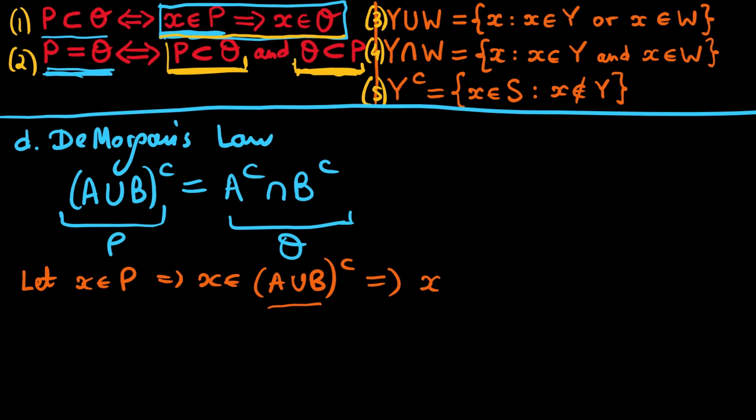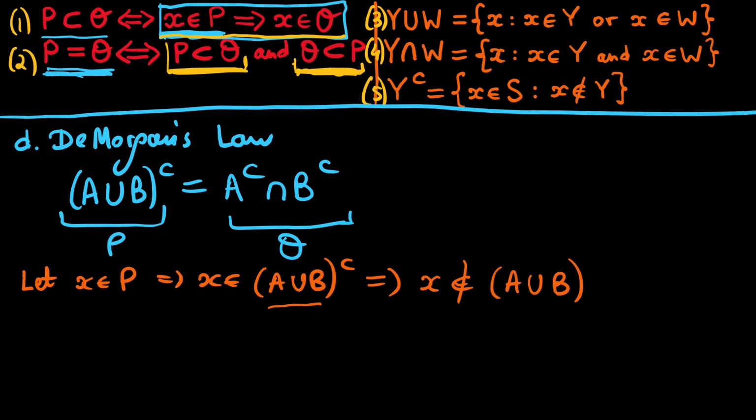Okay, I'll skip that part because it's understood. I just wrote it there for completion. Okay, as such that X is not an element of the set we got here. So X is not an element of the set inside the parentheses, which is A union B.